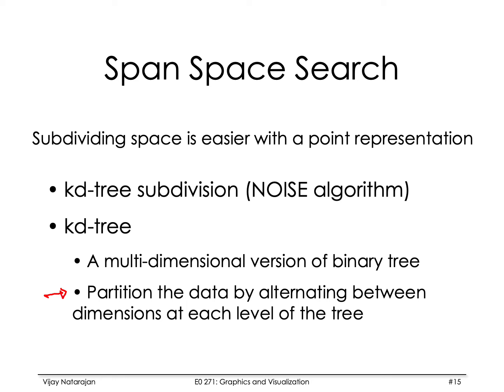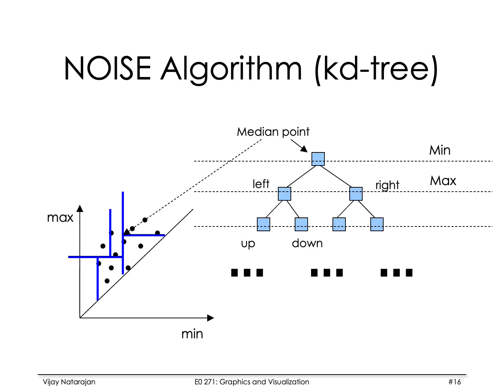So let's understand this KD tree first. Here is a set of points. We will restrict our attention to the span space. I have the black points. The KD tree is shown on the right. We begin by partitioning the set of points using a vertical line. Note that the vertical line corresponds to the min axis.